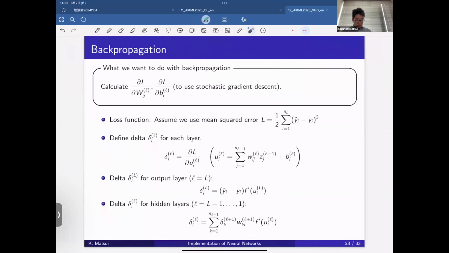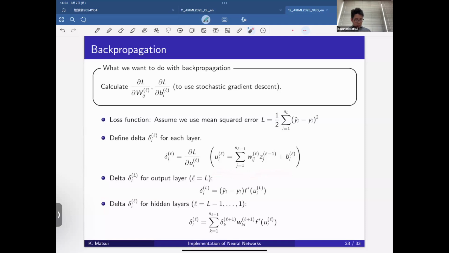It's simple with subscripts added. Here, UL is ZL minus 1 multiplied by weight plus bias BL.